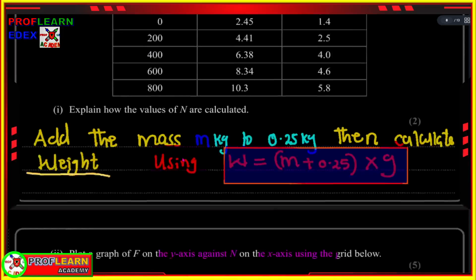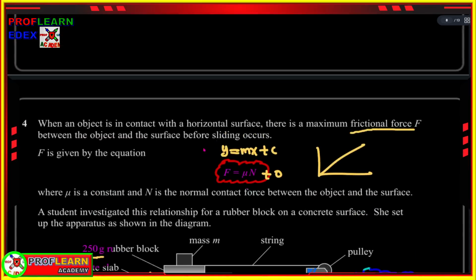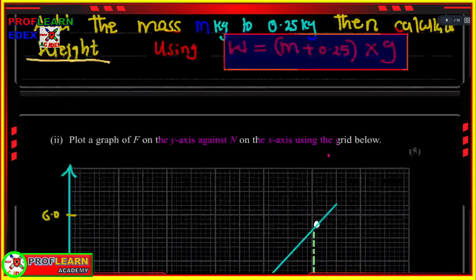So if you look at the equation that we are given here, F is equal to mu N, so meaning the y-intercept is 0, and if we relate this equation with the equation of a straight line, it will mean that the constant mu is basically the gradient of the graph that we are going to get at this given point. So if we work out the gradient of the straight line that we got, we shall be able to get the value of mu.